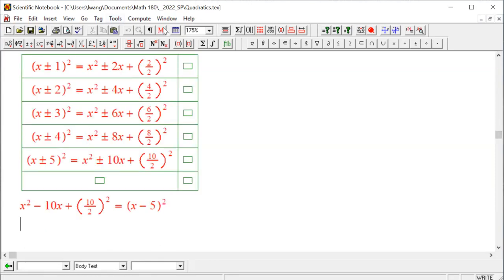For example, I have x squared plus 3x. What number should I add such that it gives me a perfect square? I know it's going to be x plus something, but what should this number be? What should be the heart, and what will be the question mark?